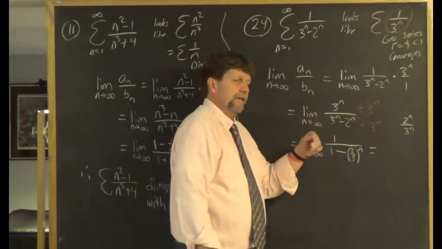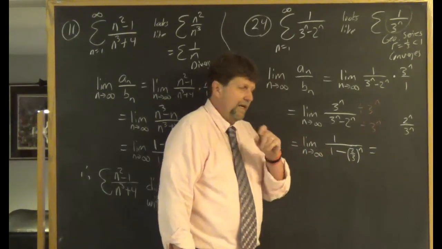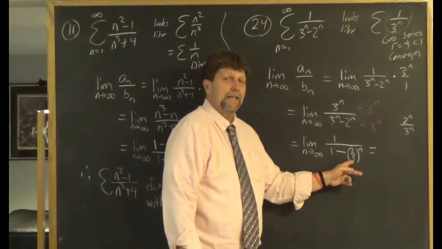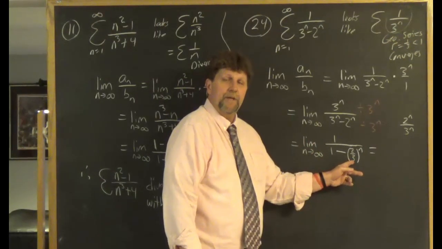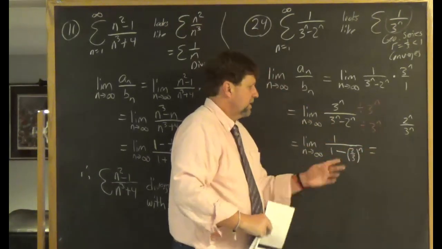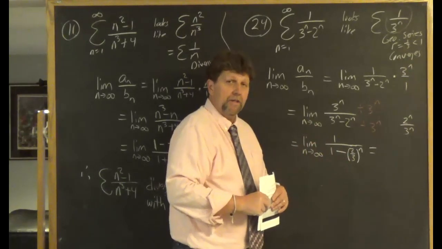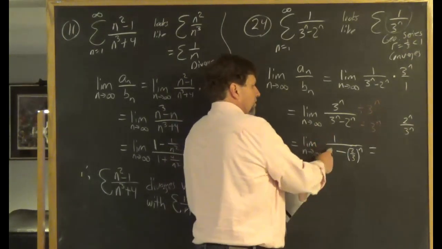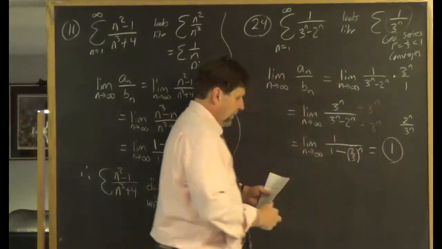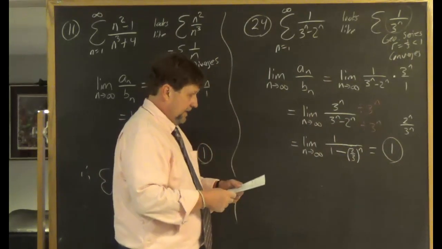The limit as n goes to infinity of 1 is 1. The limit as n goes to infinity of 2/3 to the n, well, that limit is 0 because it's like an exponential decay. That's an old limit that we learned way back in Calculus 1. So 1 over 1 minus 0, that's 1, which, as always, is finite and positive.